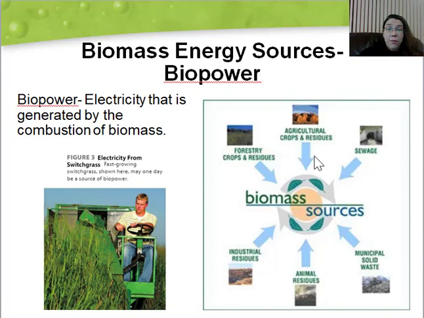So we can see that we have leftovers from forestry and crops, just like we were discussing, talking about the sawdust or extra woody debris. There's also vegetation like the switchgrass that we just discussed in the picture over here.